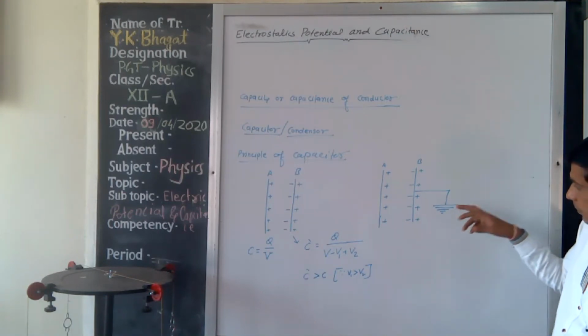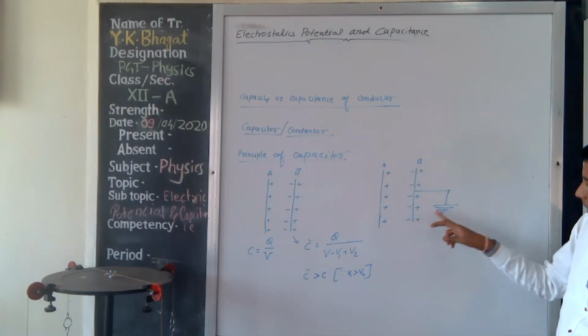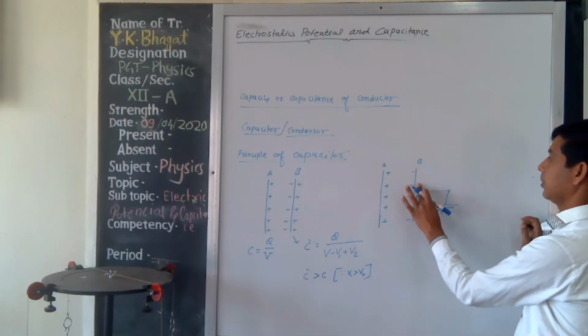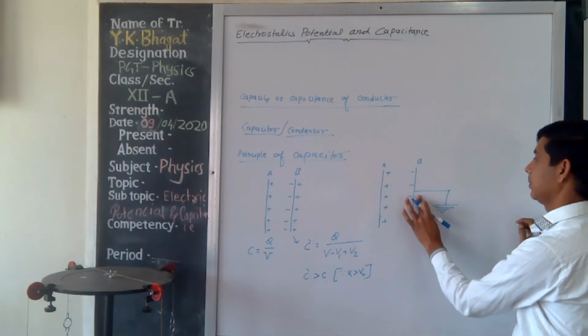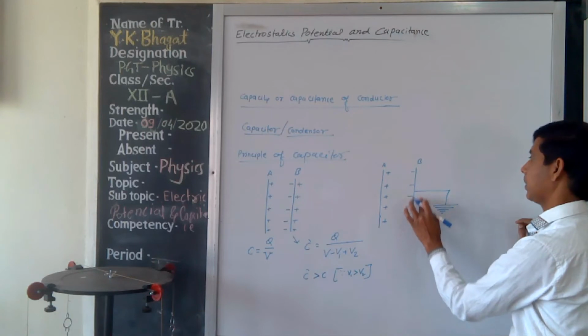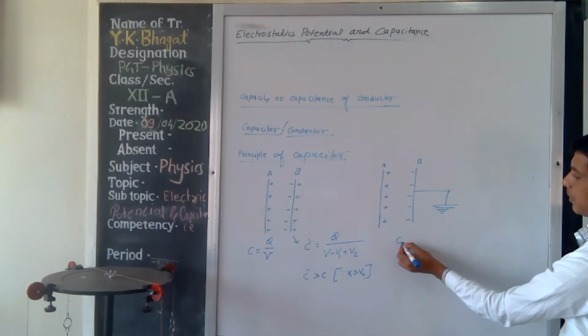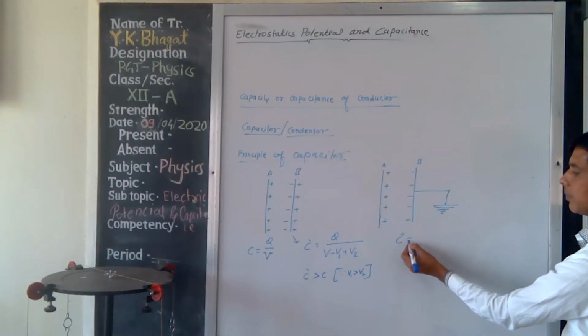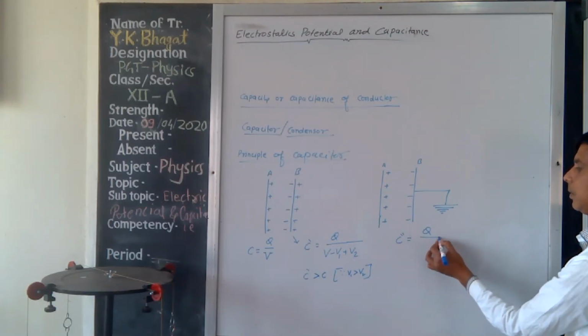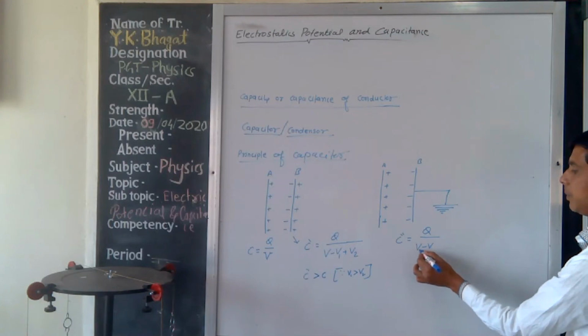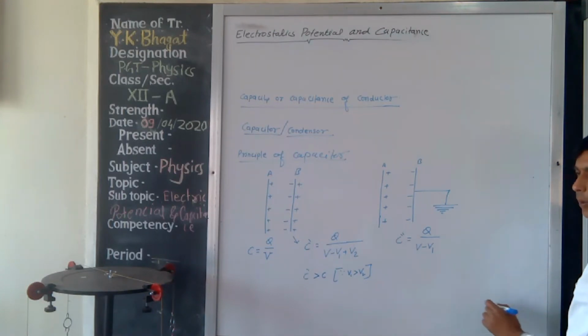When conductor B is earthed, then all the positive charge on the outer surface of that conductor goes to earth. That means in this situation, the capacitance becomes only Q upon V1 minus V2, where V2 is 0.